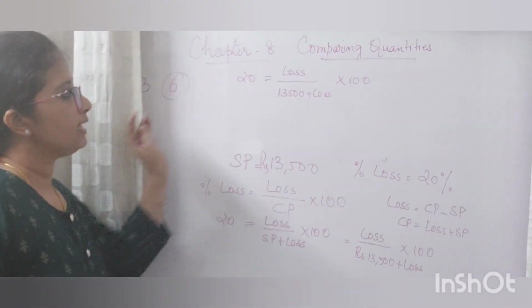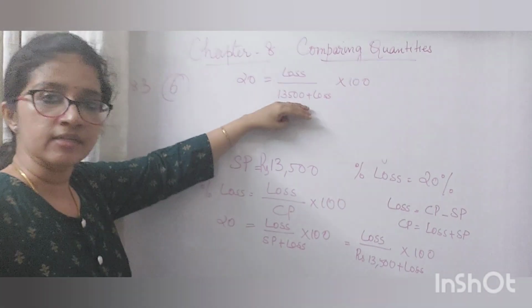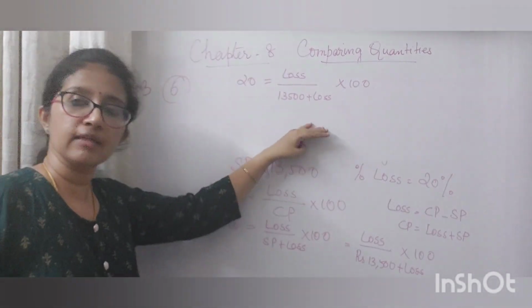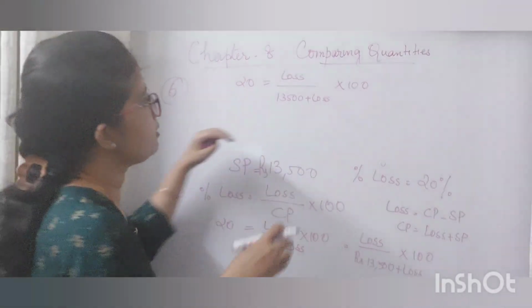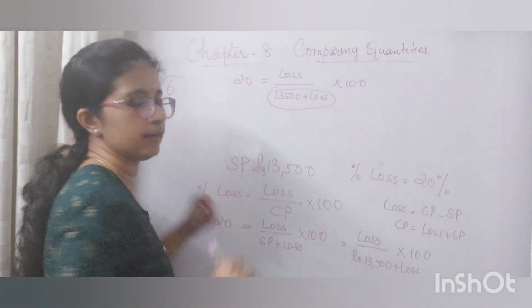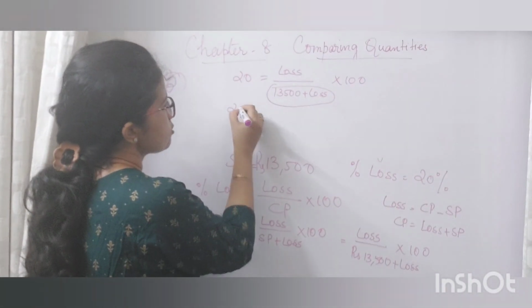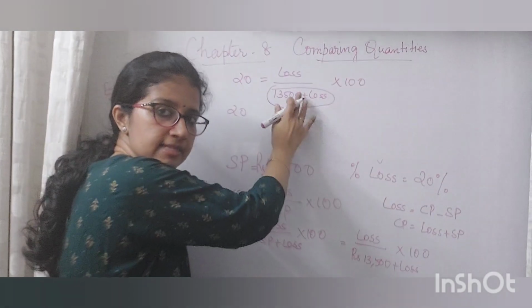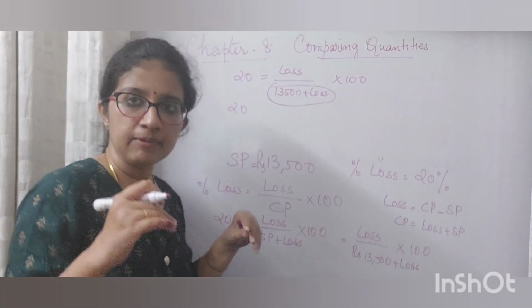Okay, now let's take the constants to one side and variables to the other side. Okay, so for that, first step what we have to do is let's take this whole denominator to this side. Okay, so how will we take it? 20, so this is division, this is in denominator. So if we take it here, it will become multiplication.